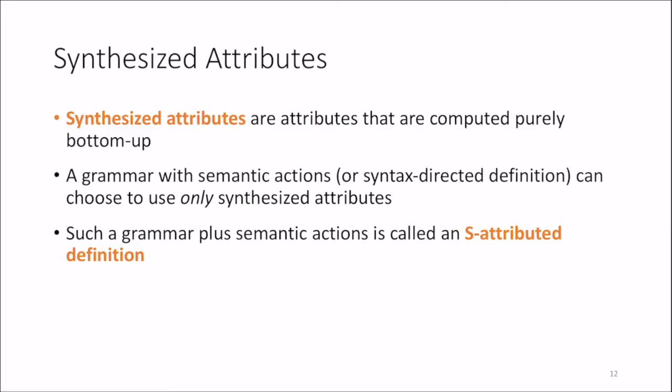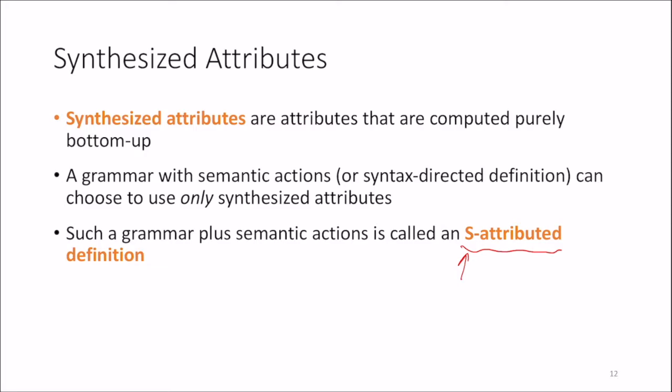And such a grammar plus the semantic actions together is called an S-attributed definition. S here stands for synthesized, and attributed means it's an attribute grammar. So it's just a jargon term to use for synthesized attributes with a context-free grammar.